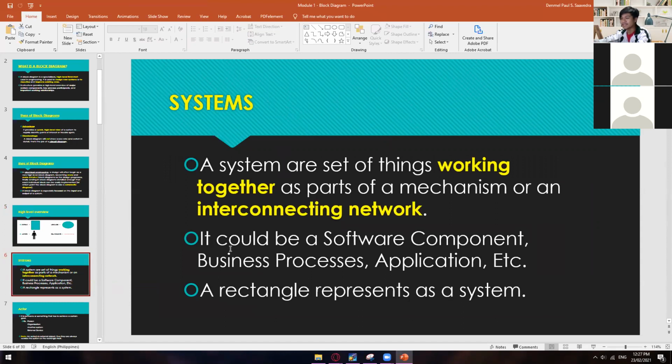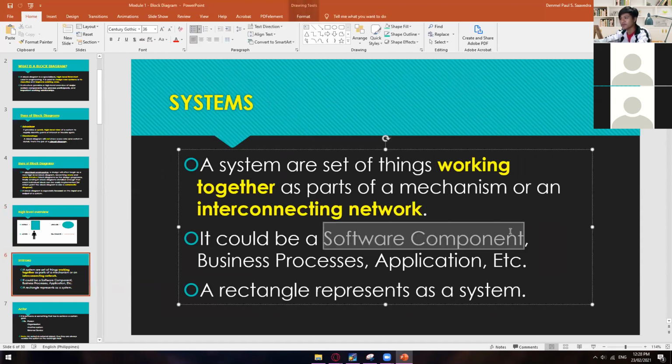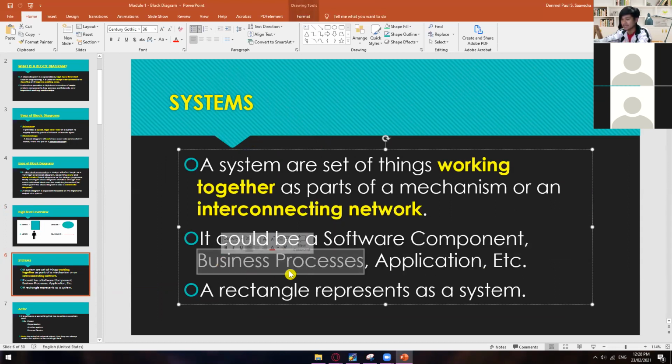That system could be a software component, business processes, or even an application, and so on. So it's up to you. But mostly when we say system, that is a software component or an application, since we're not really into businesses. So you can maybe disregard this one in terms of computer engineering. So software components and applications. It is represented by a rectangle shape.